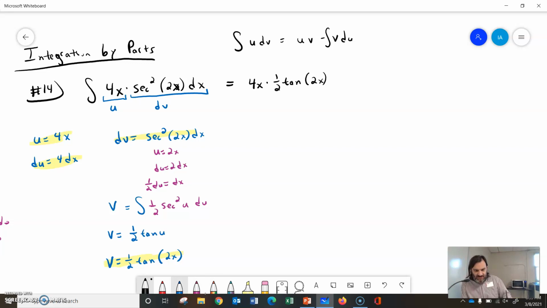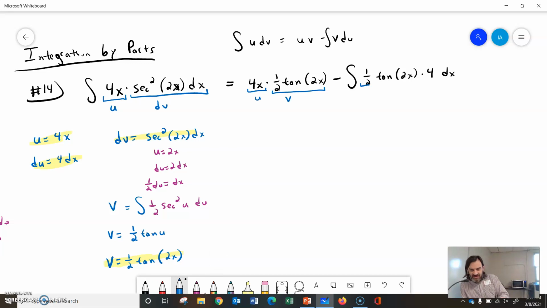So let's label that before we keep going. Over here we've got u for 4x and v for 1/2 tangent of 2x. And then we'll have minus the integration of v, which is 1/2 tangent of 2x, times du, which is 4 dx.